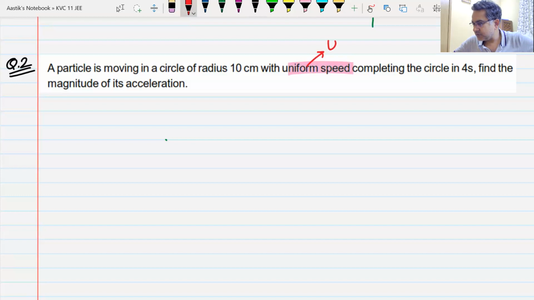Uniform circular motion. In uniform circular motion, your omega, angular velocity, is constant. I've also told you, when omega is constant, then what is zero? Acceleration is equal to 0, sir. Not acceleration. Acceleration is not zero.